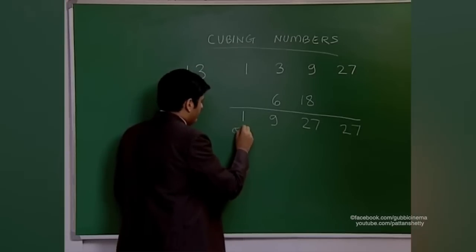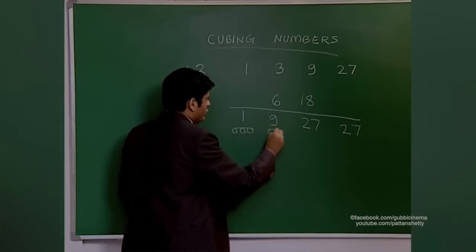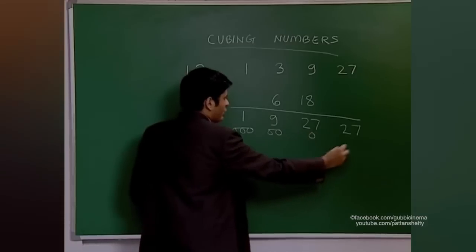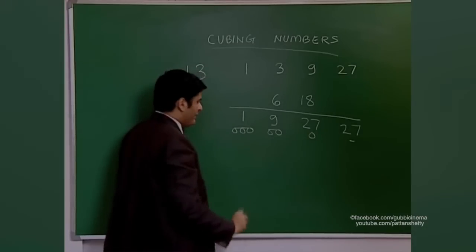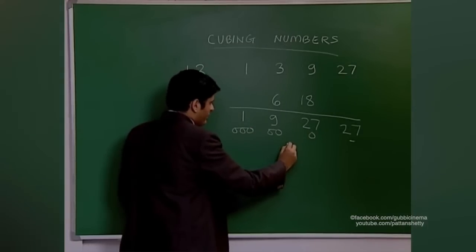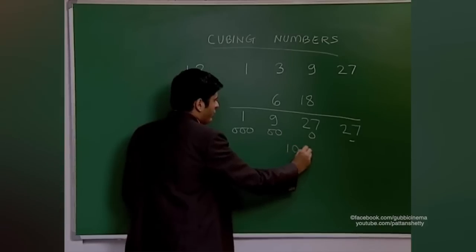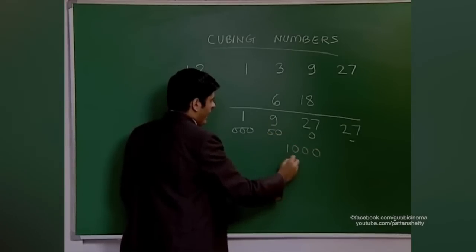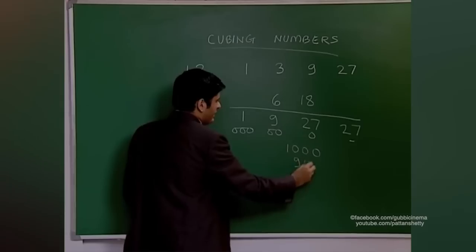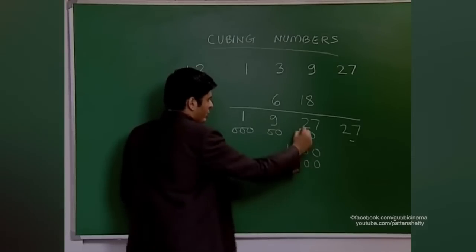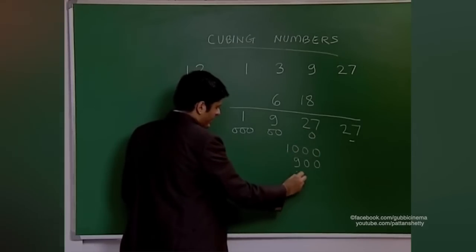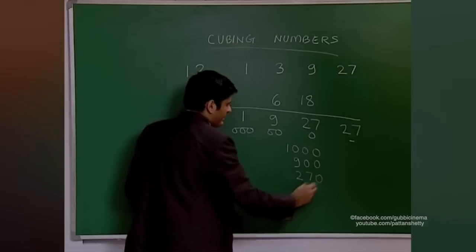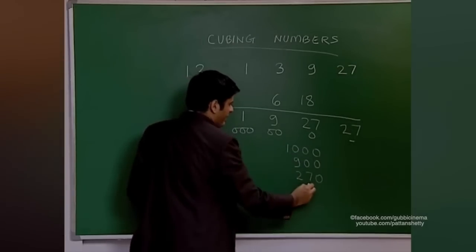So I put 3 zeros over here, 2 zeros over here, 1 zero over here, nothing over here. Let me add. 1 and 3 zeros behind it becomes 1000. 9 and 2 zeros behind it becomes 900. 27, 1 zero behind it becomes 270. And the last number is 27.